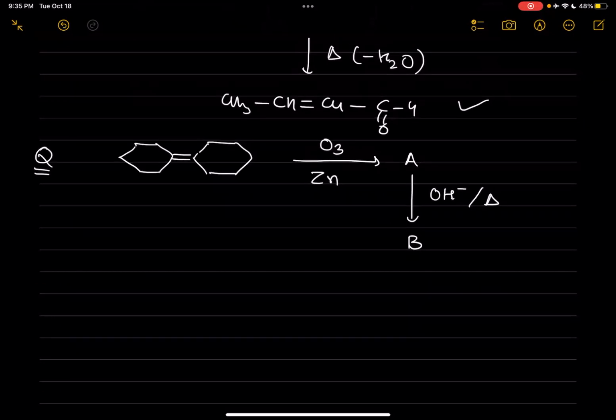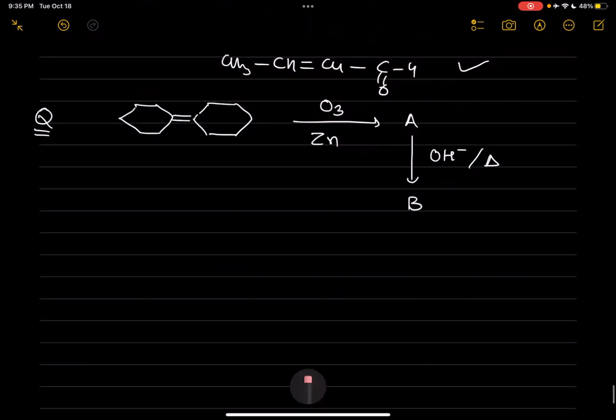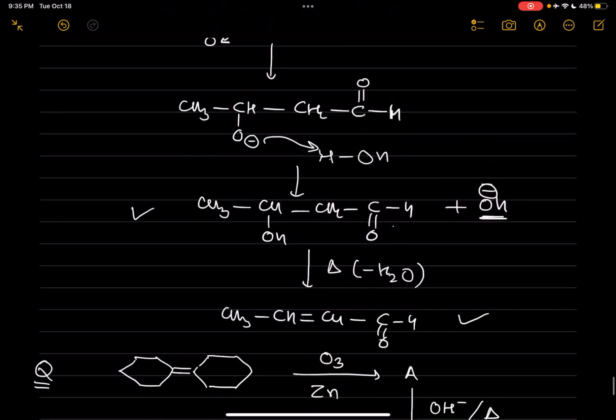What is the structure of A and B? Could you just show the mechanism? Just copy it.